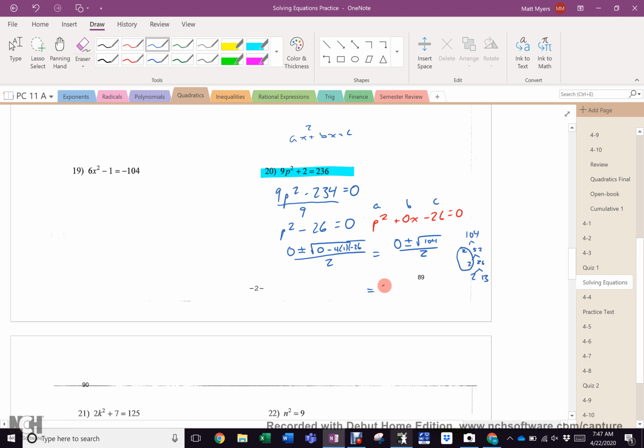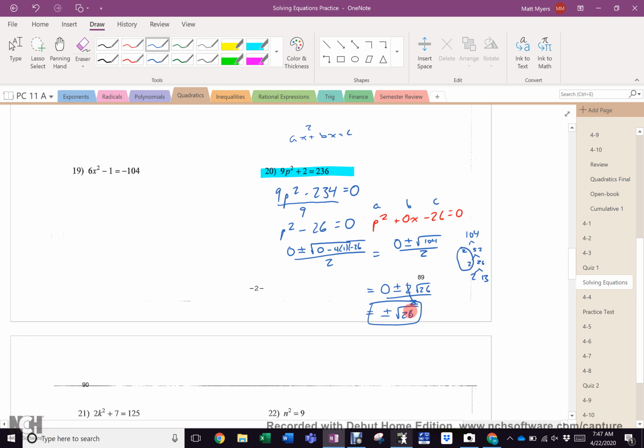So I get 0 plus or minus 2 root 26 over 2. The 2 cancels all over the place. The 0's gone because it's just 0 plus that. So I end up with plus or minus root 26 because the 2's cancel. And that's the best possible answer.